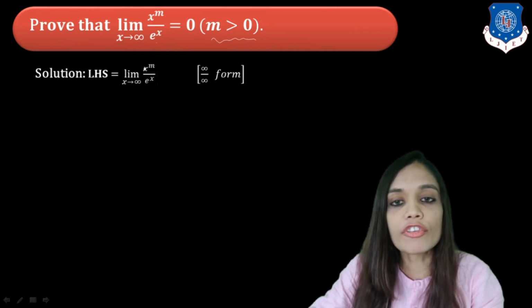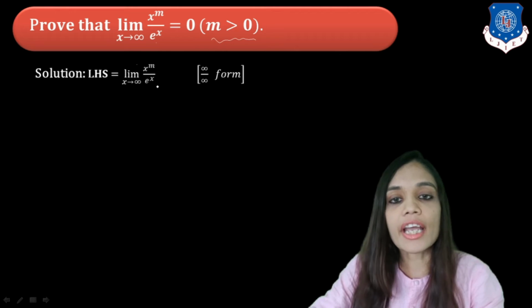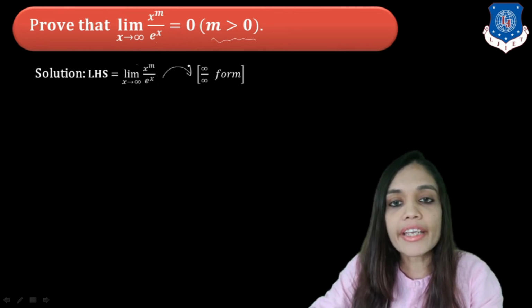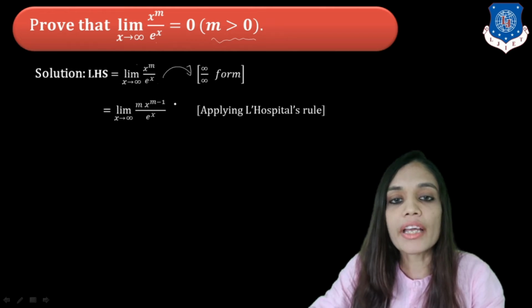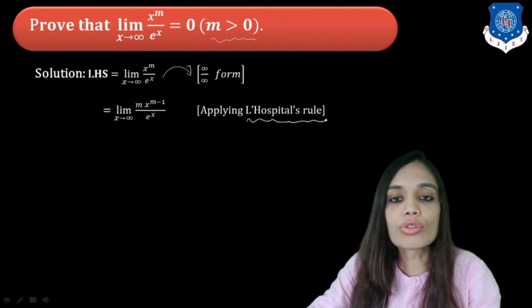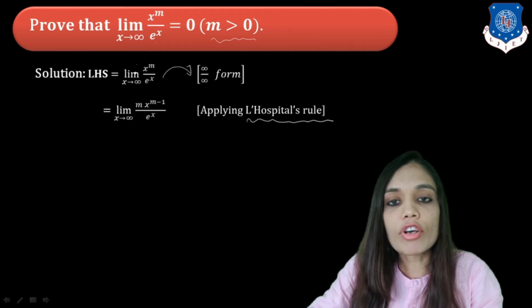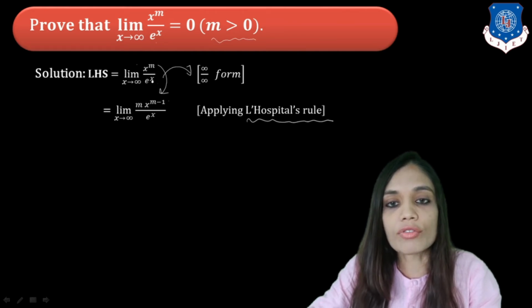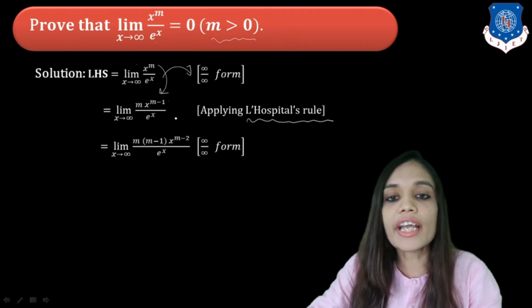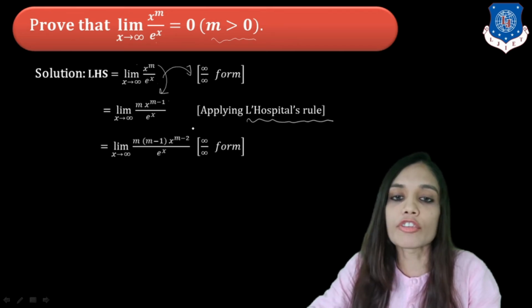Now if you put infinity in the numerator and denominator, which form you will get? Infinity by infinity. So we have to apply our L'Hopital's rule and do the derivative of the numerator and denominator separately. So derivative of this will be equal to m into x raised to m minus 1 upon e raised to x. But again we are getting infinity by infinity form, right?